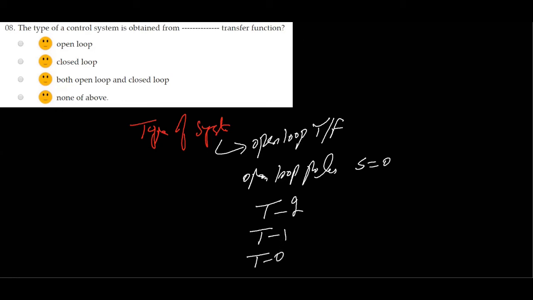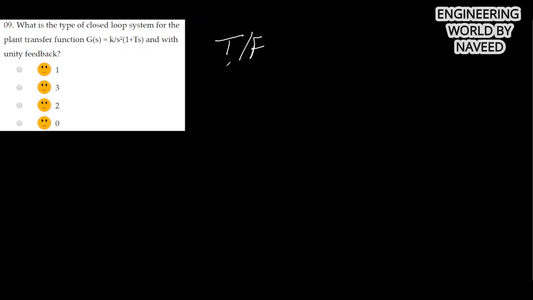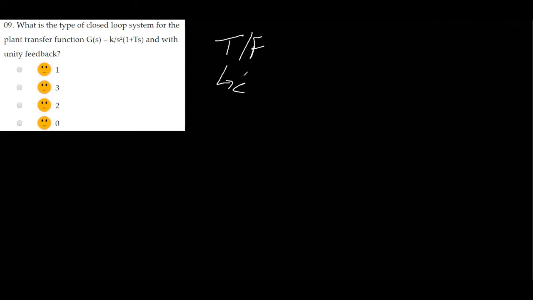Okay, next MCQ: what is the type of the closed loop system for the plant transfer function G(s) equal to K divided by s squared (1 plus Ts), with unity feedback? For every transfer function, we have certain types and certain orders.